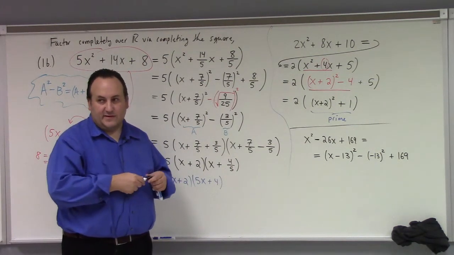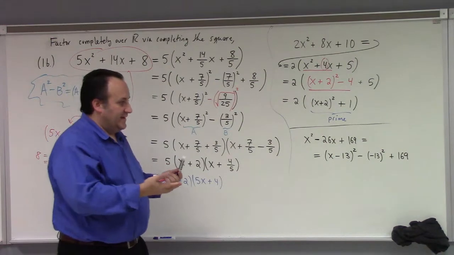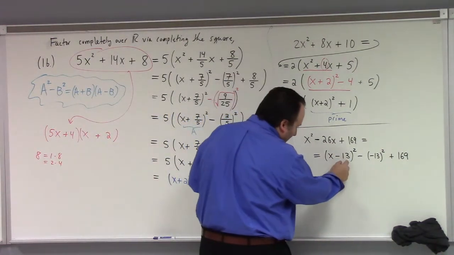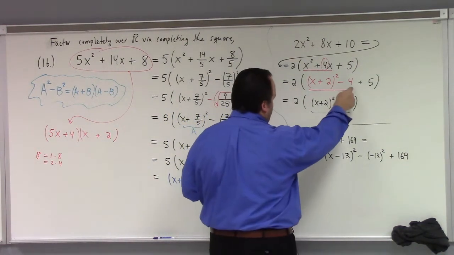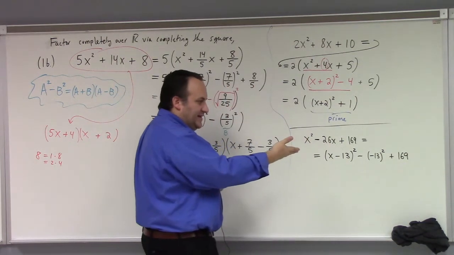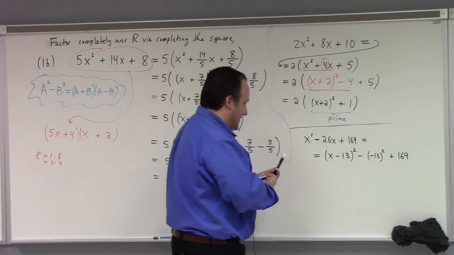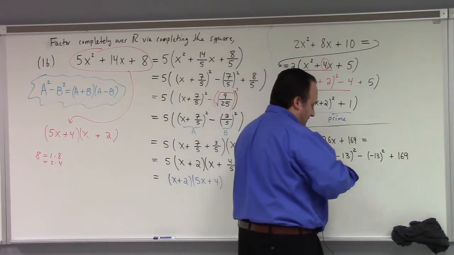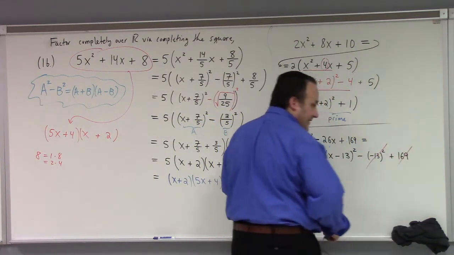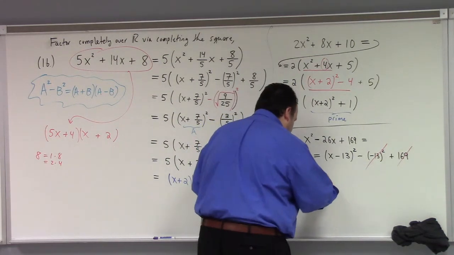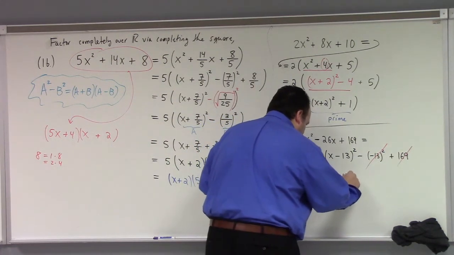The minus is going to kill the square anyway. It's the square of whatever goes here, I subtract there. Anyway, what is minus 13 squared? It's 169, exactly. So in fact, this term is this term. They cancel, and you're just left with x minus 13 quantity squared.